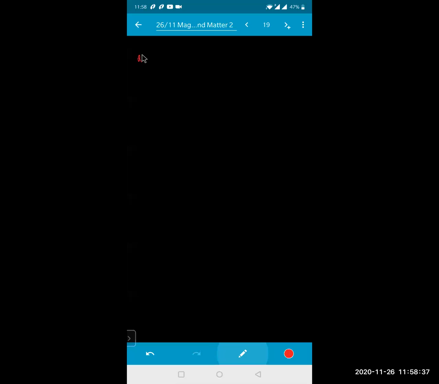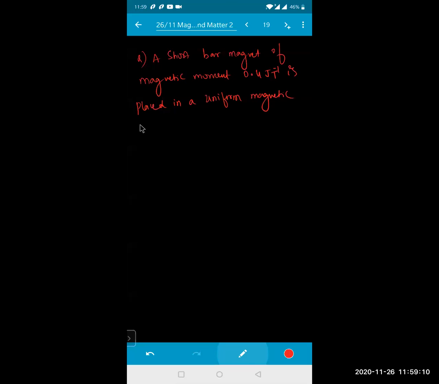Next question. A short bar magnet of magnetic moment 0.4 joule Tesla inverse is placed in a uniform magnetic field of 0.16 Tesla.